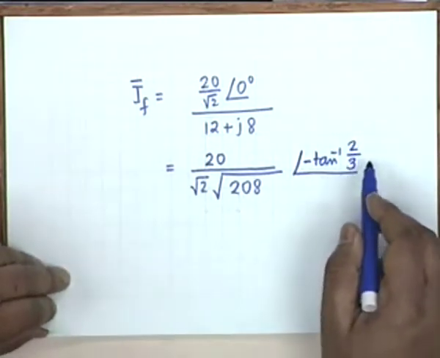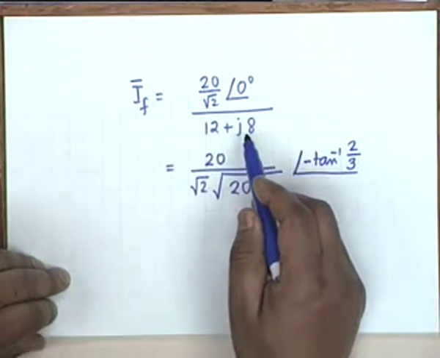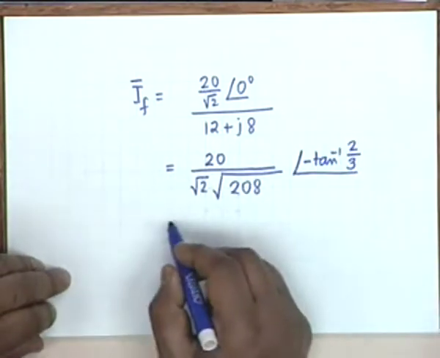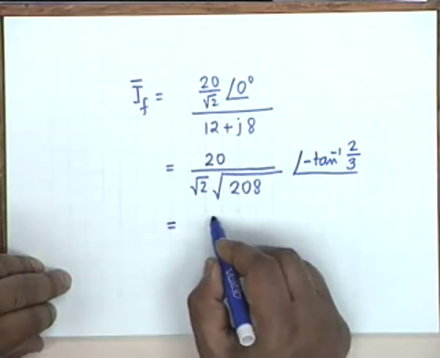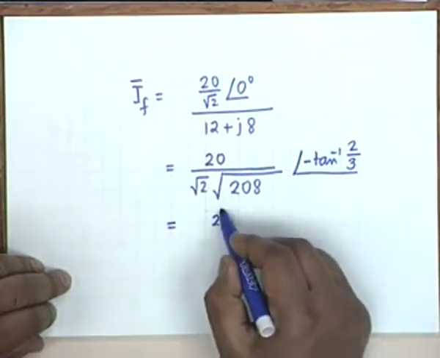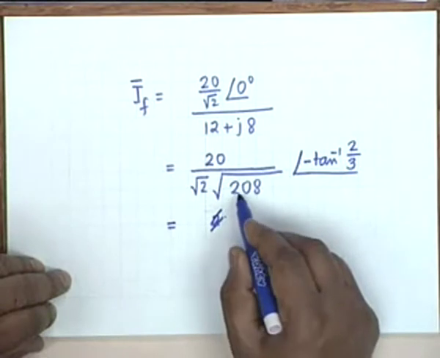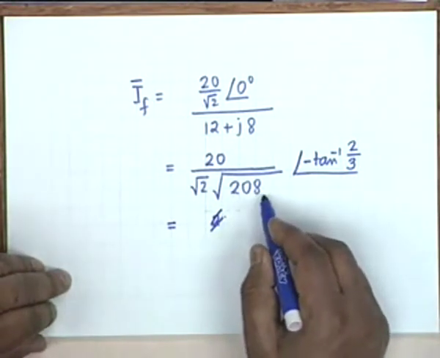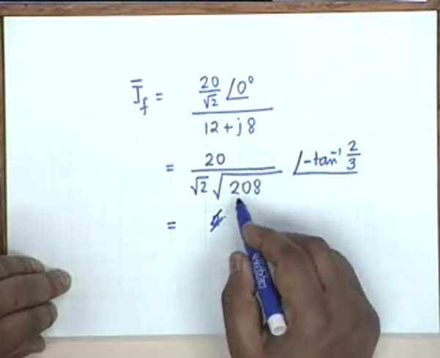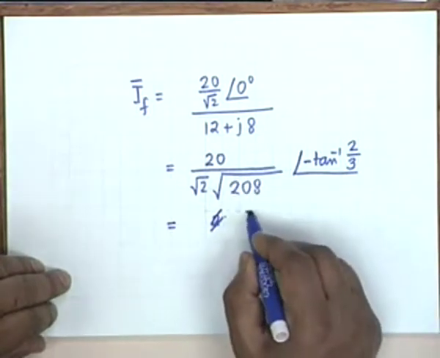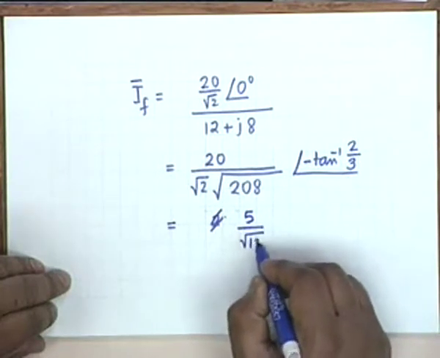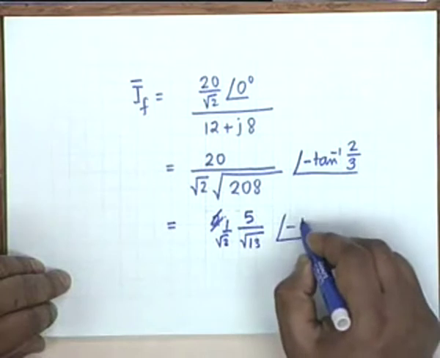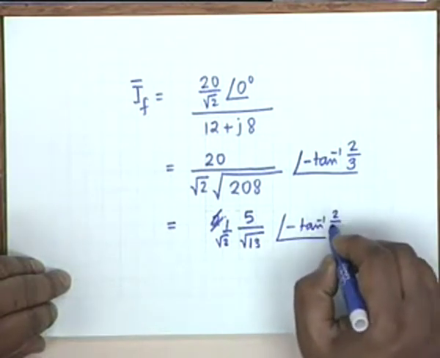Minus tan inverse 2 by 3, because this is the angle of the denominator. When it goes to the numerator, it becomes negative. All right. So this I can write as 20. Well, you see that this is 16 multiplied by 13. I hope I am right. 16, and square root of 16 is 4. So I can write this as 5 by root 13, 1 over root 2, angle minus tan inverse 2 by 3.